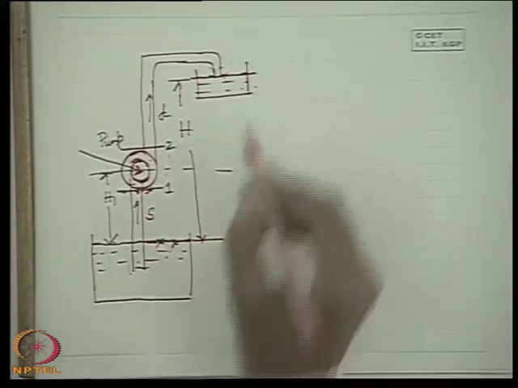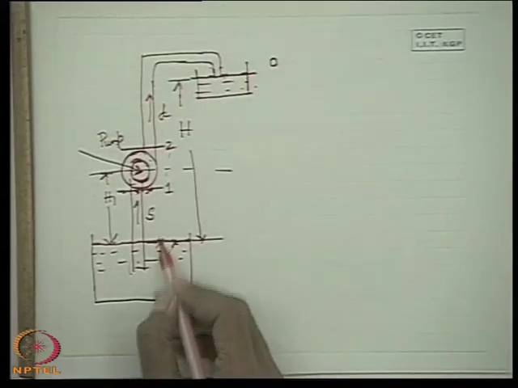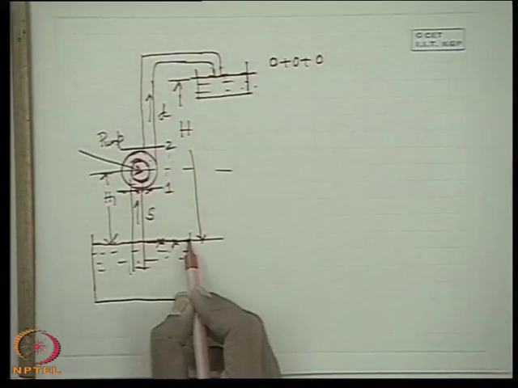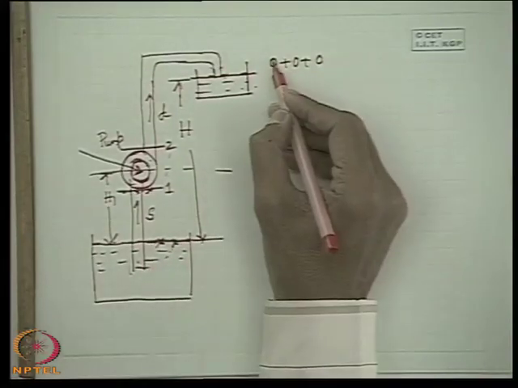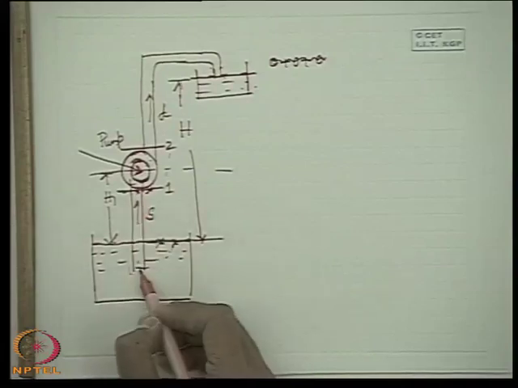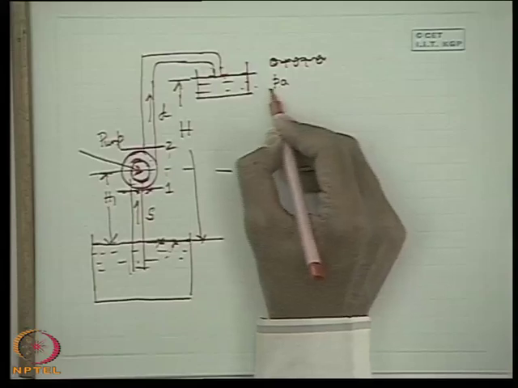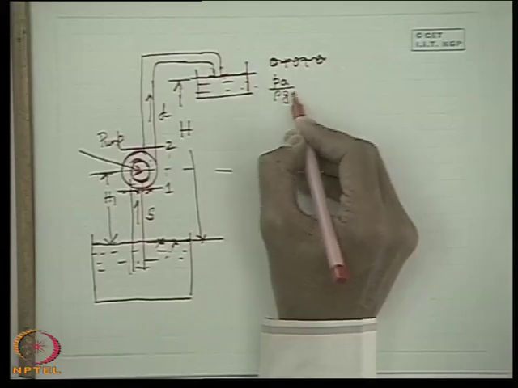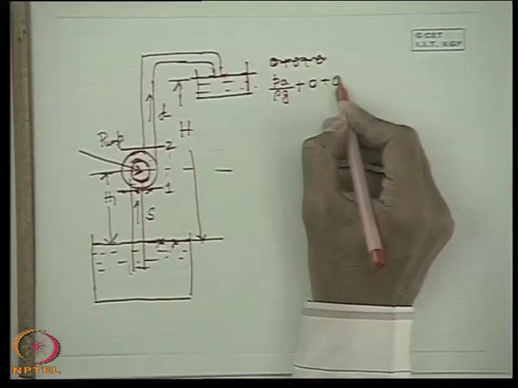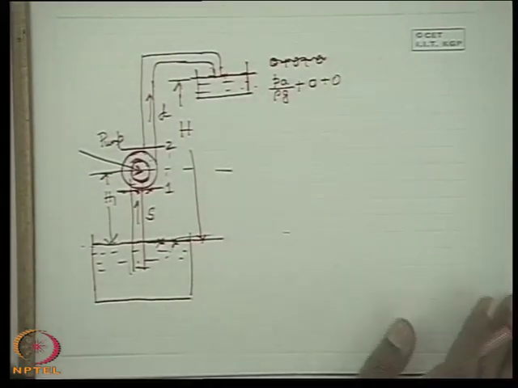If this is point 0, try to understand: pressure at 0, velocity at 0, and datum at 0. Why datum at 0? This is the datum. I should not write pressure as 0, otherwise it will be confusing, because the pressure here is negative pressure. Otherwise it will not suck from the atmosphere. So in this case, I use the atmospheric pressure, Pa by rho g, plus velocity head is 0, plus datum head is 0, because I am considering the datum from here, the reference datum.